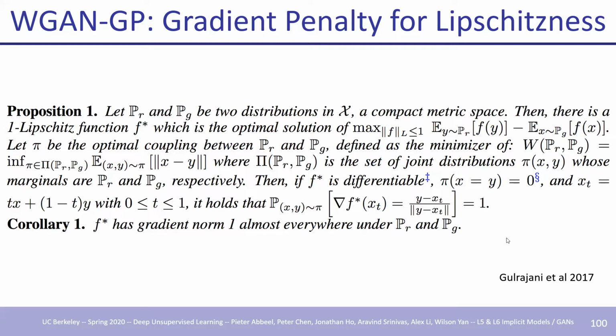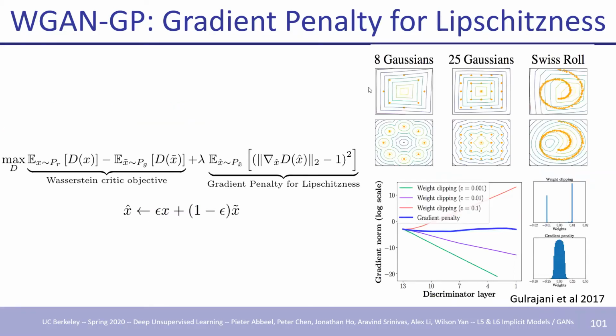Okay. So how can we use this theorem? The way they use it is, there's our Wasserstein critic objective here again: f of x minus f of g of z, the expectation over the real data and the fake data, all with D. D is the Lipschitz function instead of f, so the notation has changed.